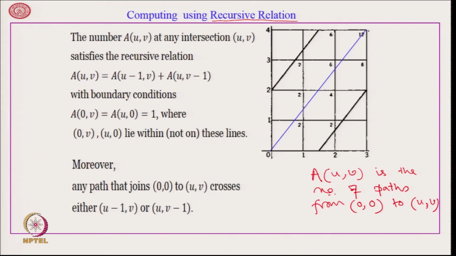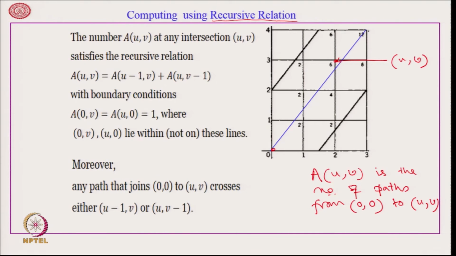Let us take an arbitrary point, so let us consider this to be (u, v). Now, how many paths are there lying entirely in this region from (0, 0) to (u, v)?